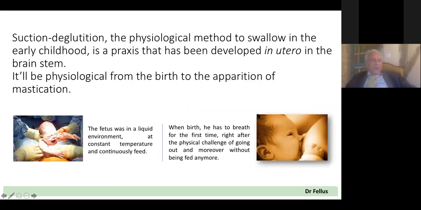Suction deglutition is a physiological method to swallow in early childhood. It is a praxis that has been developed in utero in the brain system, and it will be physiological from the birth to the apparition of mastication. The fetus was in a liquid, amniotic liquid, at a constant temperature and continuously fed.